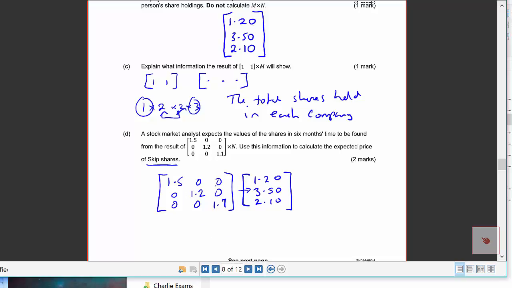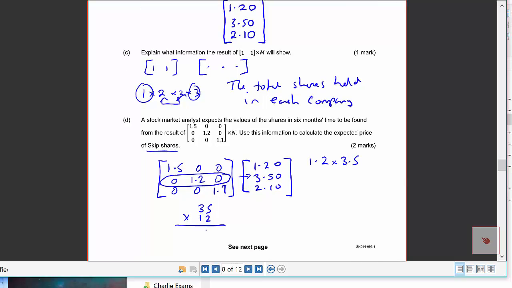So that's going to be when we do this row multiplied by this matrix, because that's the one where we get 0 there, 0 there, and we just get 1.2 times 3.5. That's the only thing that affects Skip. So 35 times 12.